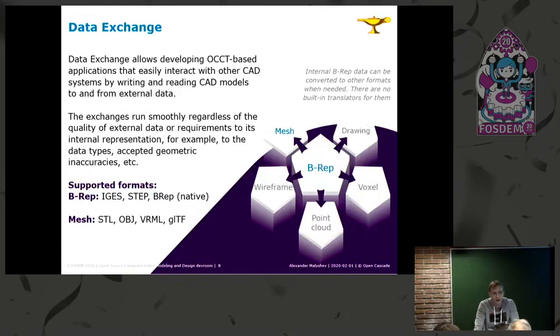Our STEP and IGES translators are able to deal not only with parts and assemblies, but they can deal with metadata such as colors, layers, names. Popular mesh formats like STL are also supported.